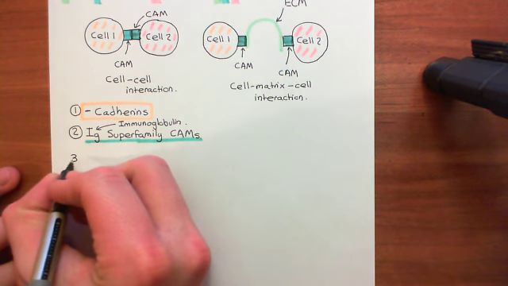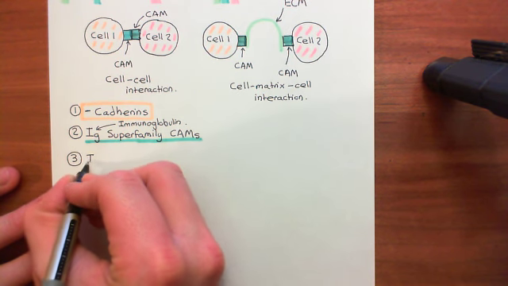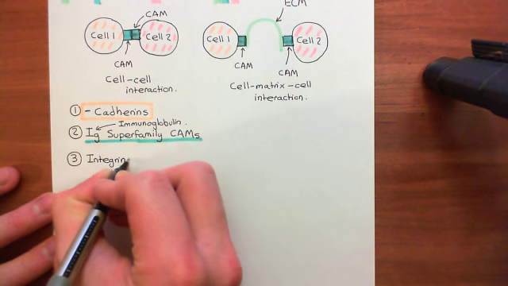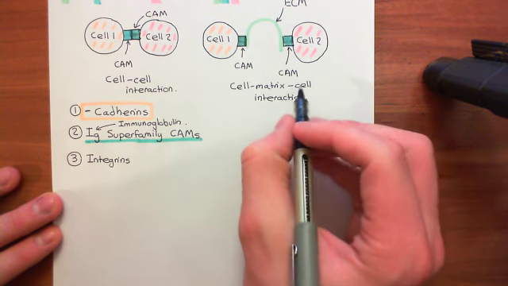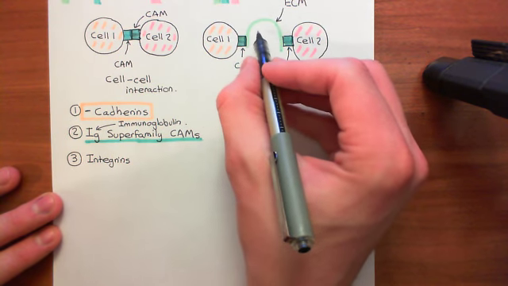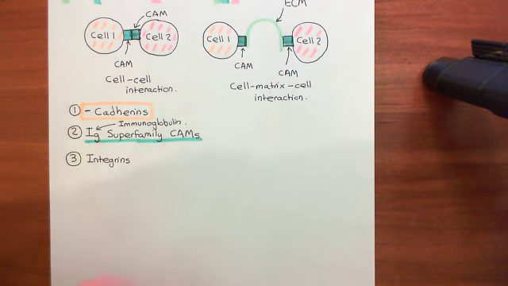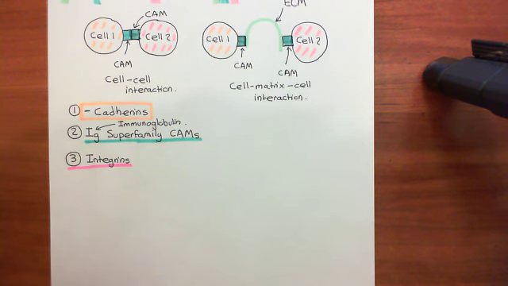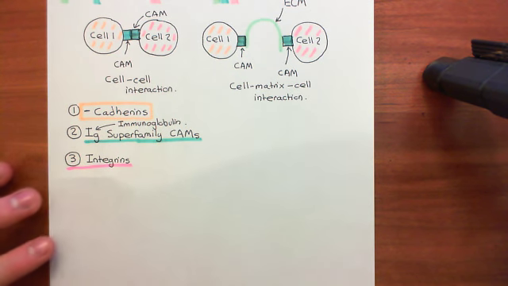The third major family of the cell adhesion molecules are the integrins. The integrins are particularly important in cell matrix cell interactions, where a cell adhesion molecule interacts with a component of the extracellular matrix. So they're very important in binding cells to the extracellular matrix, although some integrins are involved in direct interactions where they bind with another cell adhesion molecule.